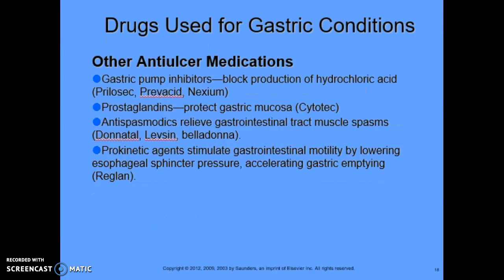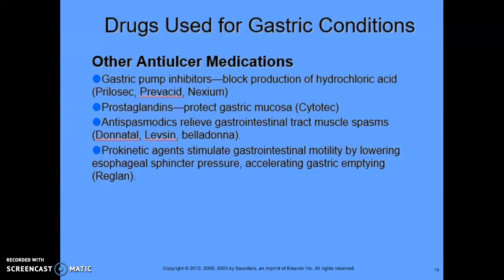There is a new class of medications that work by inhibiting chemicals that are essential to the production of hydrochloric acid, and these are called gastric pump inhibitors. These block the production of the hydrochloric acid. Something like Nexium would be an example. Prostaglandins protect the gastric mucosa, like Cytotec.